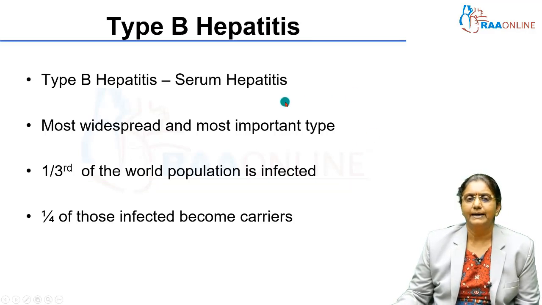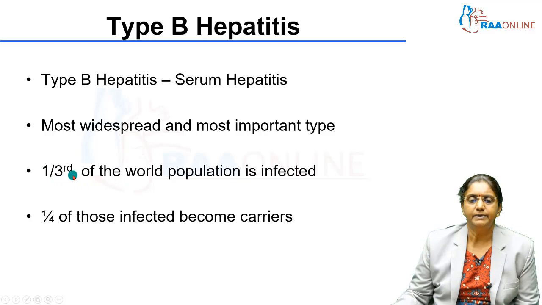Another name for hepatitis type B is serum hepatitis, because it is transmitted by blood transfusion. So it is called serum hepatitis. It's a very widespread virus. As I told you, it's present throughout the world. This virus is prevalent, and it's a very important type among all the viral hepatitis.